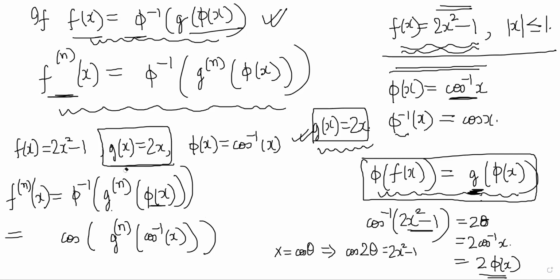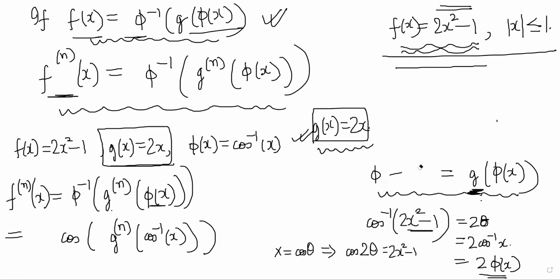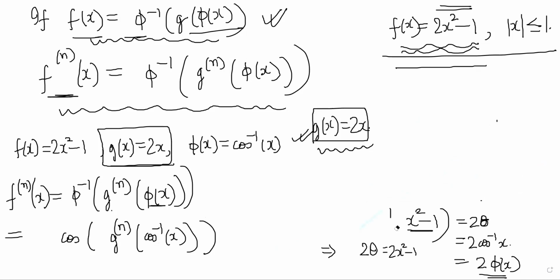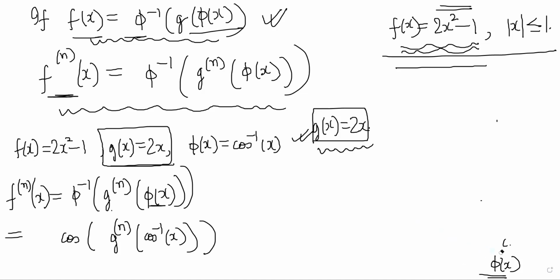We have to find g^n of x, right? Otherwise, we cannot evaluate this. G of x is a linear function, and we have to find the nth iteration of g of x. Otherwise, we cannot find the nth iteration of f of x, right?